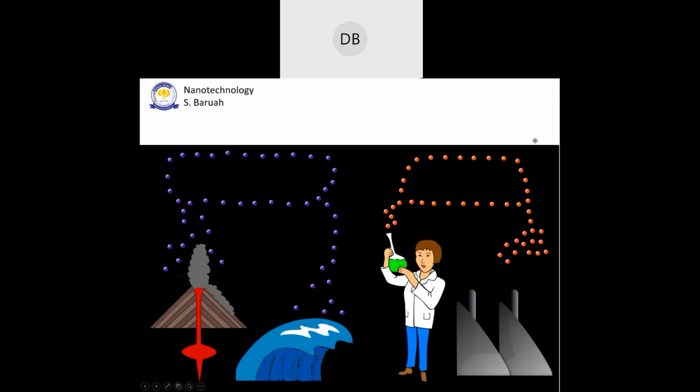Industrial emissions also carry a lot of small carbon nanoparticles. So there are various ways that nanoparticles can land up in the air, which may be dangerous, of course, but nature has been doing it. Our body is immune to all this, but too much exposure may create some problems.